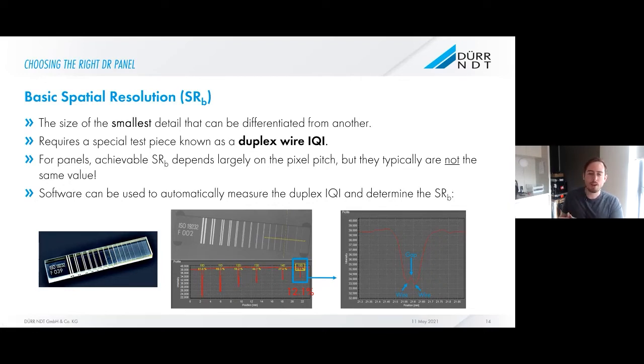So just because you have a 76 micron panel, it doesn't mean the SRB is 76. It could be a little bit higher, maybe 80. And you must use a duplex wire IQI to measure that. And luckily, our software in particular does make this easy. You can automatically measure the SRB by just drawing a line across the IQI.